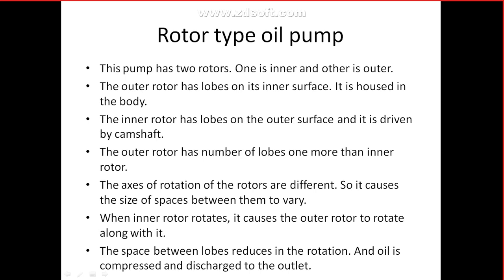When the inner rotor rotates, it causes the outer rotor to rotate along with it. If you rotate one rotor, the other rotor automatically rotates. The space between the lobes reduces in the rotation, and oil is compressed and discharged to the outlet. This is the working principle of the rotor type oil pump.